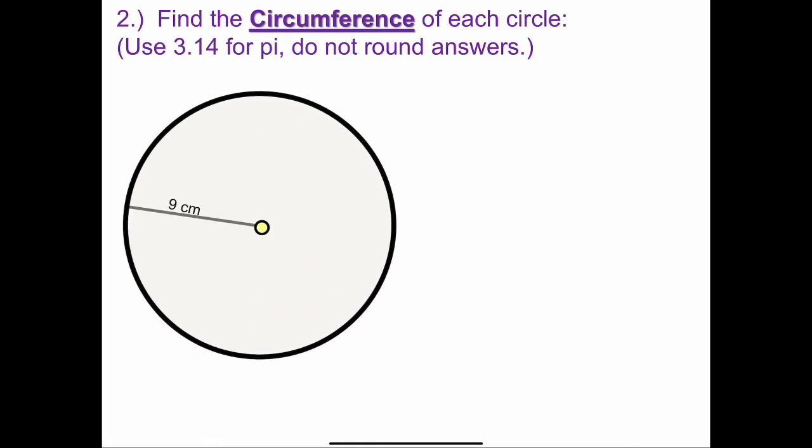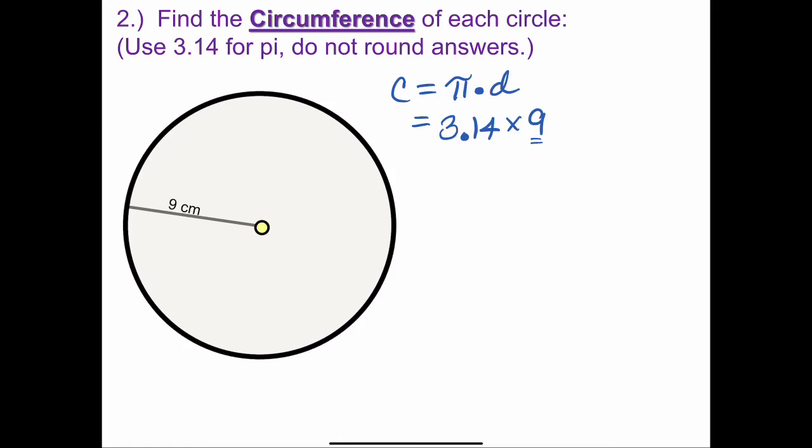Okay, on this one, again, we're finding the circumference of the circle. We're going to use 3.14 for pi. And it doesn't hurt to write out the formula: circumference equals pi times diameter. And when we do this, we're going to do 3.14 times 9, right?